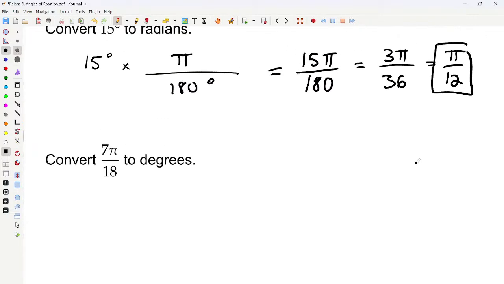Convert 7 pi over 18. Emphasizing no label, no units. It must be radians. 7 pi over 18, to degrees. Multiply by, get rid of radians, go to degrees.